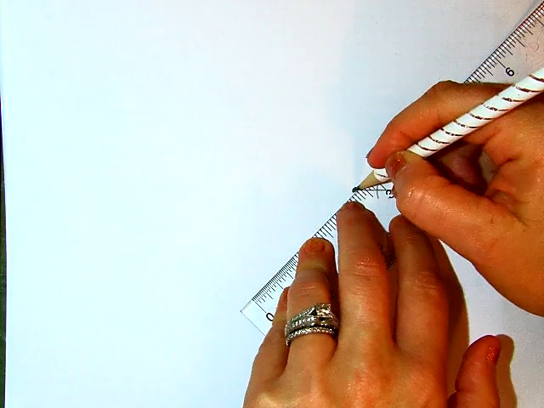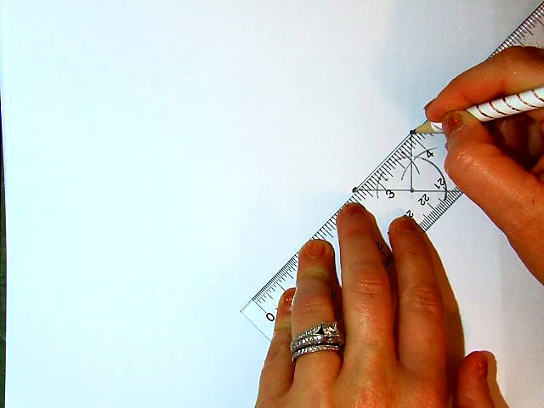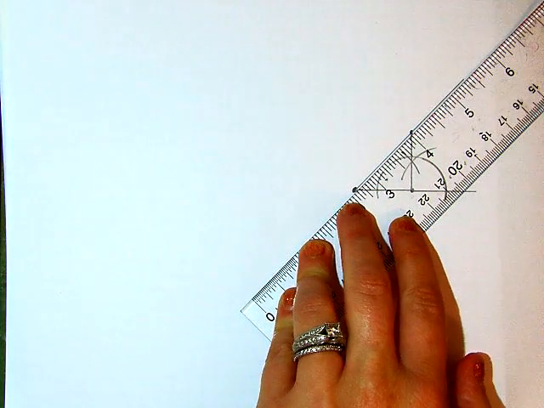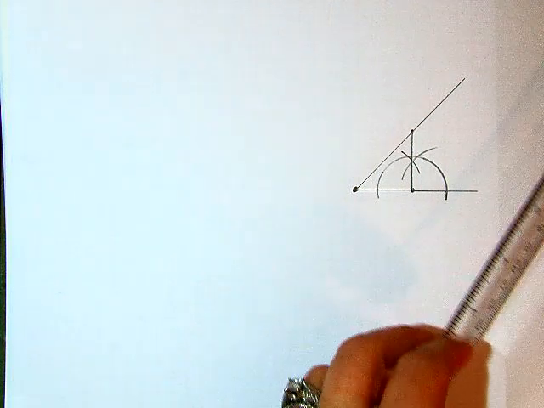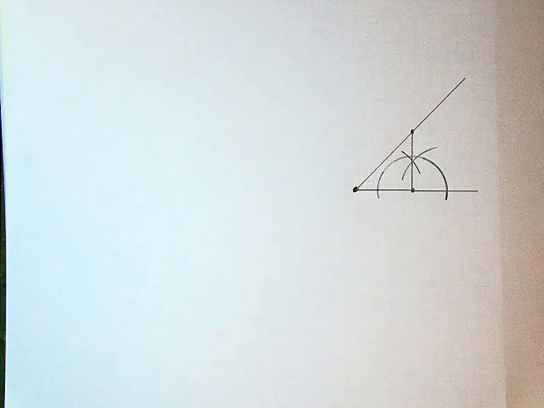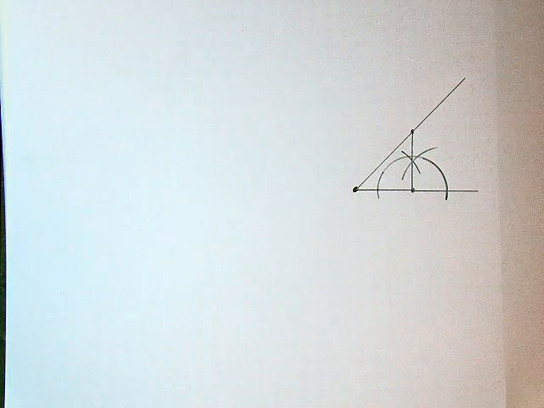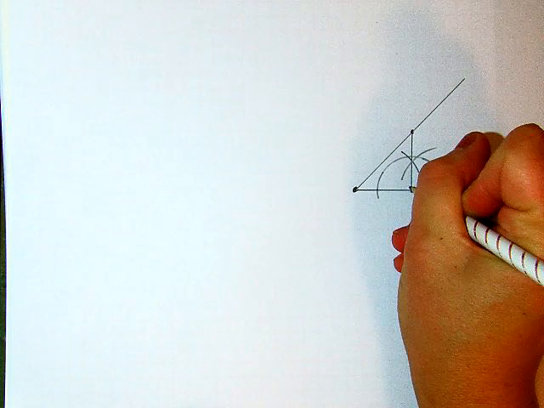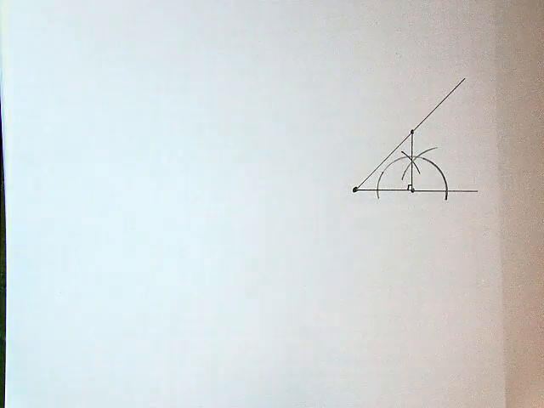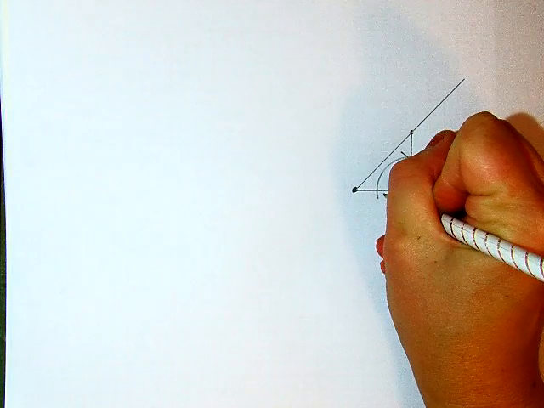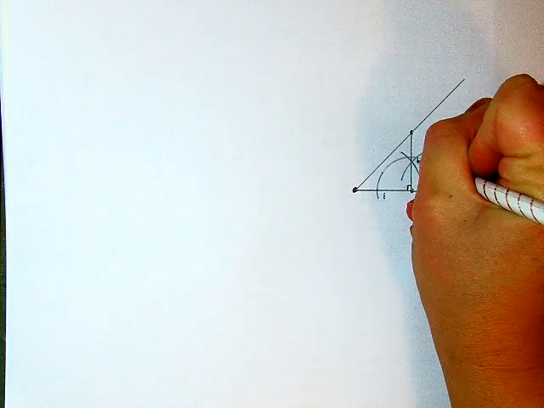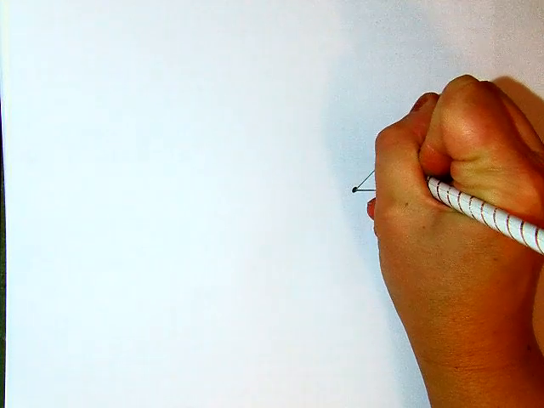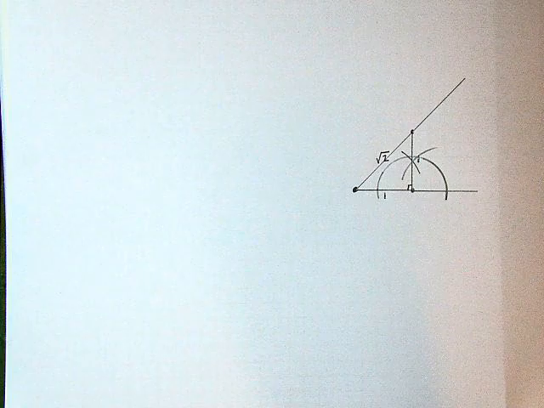That's going to be the hypotenuse of our first right triangle. I'm going to overshoot ever so slightly. Every time I draw a hypotenuse, I'm going to overshoot ever so slightly. I'm going to get in the habit of marking the right angle right there. This is 1 inch. This is 1 inch. The hypotenuse is the square root of 2.